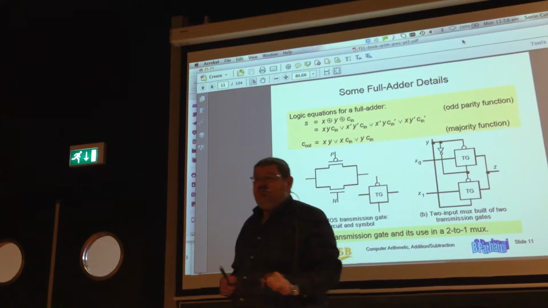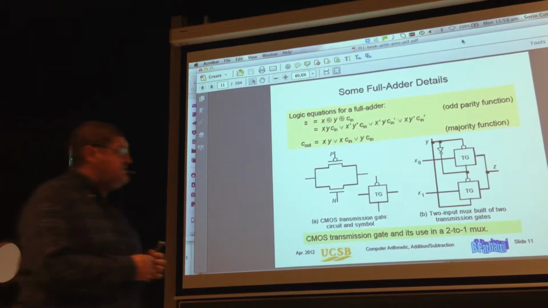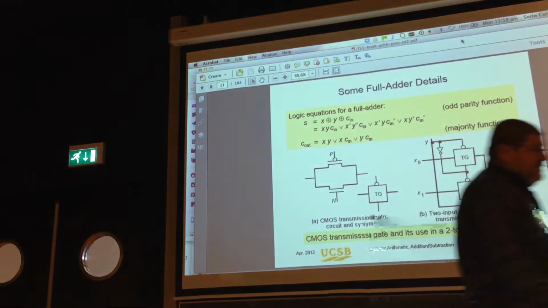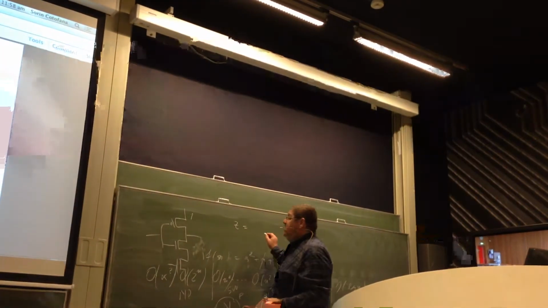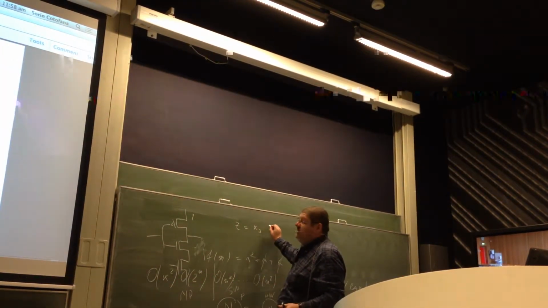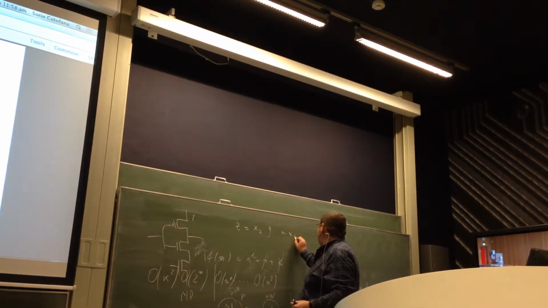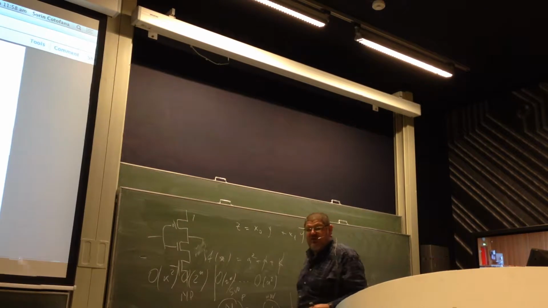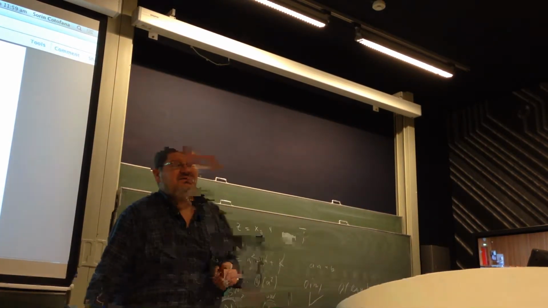Now, if I make a mux with normal gates, do you know how I do that? I can write the equation. The output is z. Z is equal to x0 times y plus x1 times y prime, or the other way around. I don't know if I did it wrong or correct.